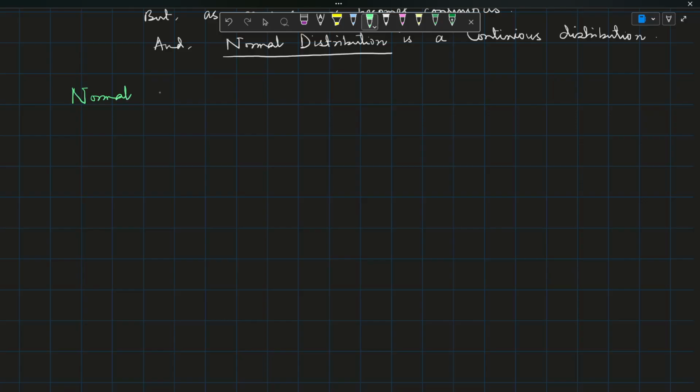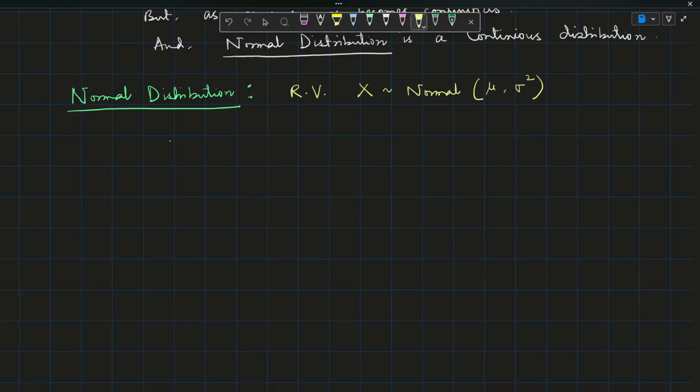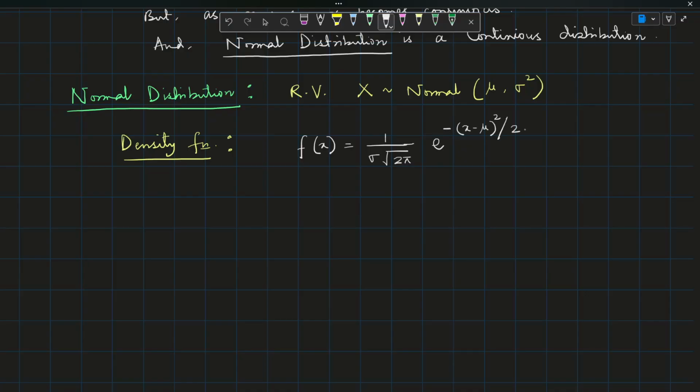We will now formally define the normal distribution here. If a random variable x follows normal distribution with parameters mu and sigma square, then the density function of that random variable, remember it will be a continuous function, f(x) equals 1 by sigma root 2 pi e to the power minus (x minus mu) square by 2 sigma square.